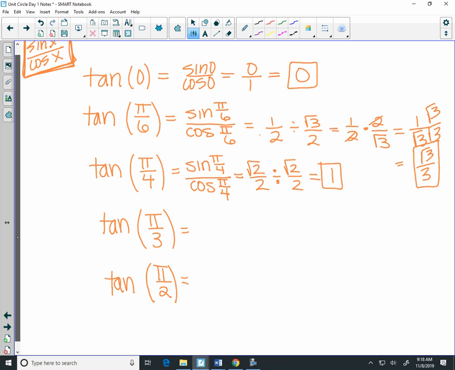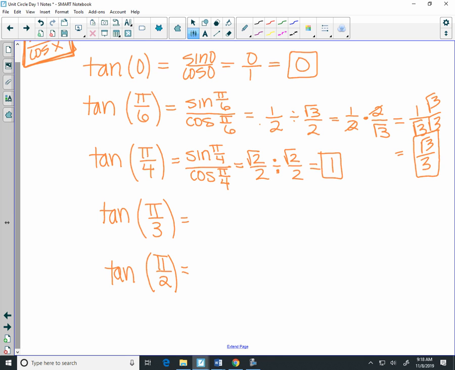All right. Tangent of pi over 3 is the same as sine of pi over 3 divided by cosine of pi over 3. This one is a little less painful than that one because we're not going to have to rationalize the denominator. Sine of pi over 3 is radical 3 over 2.